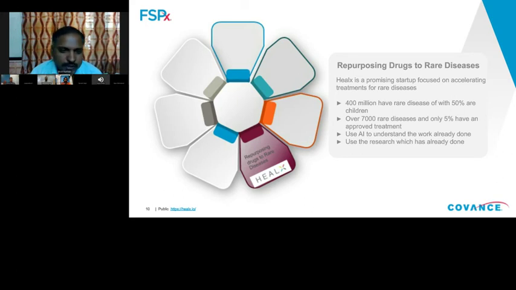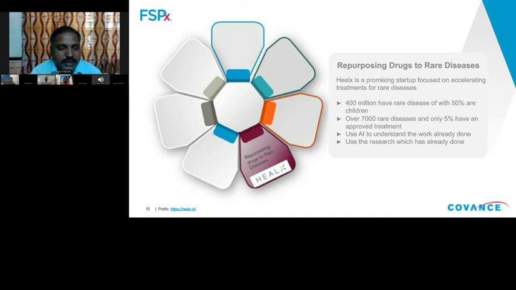So what Helix is doing is using artificial intelligence to understand the research which has already been done, so as to predict the treatment. The technology Helix is using is very exciting because it is making the best and most efficient use of the research which has already been done.